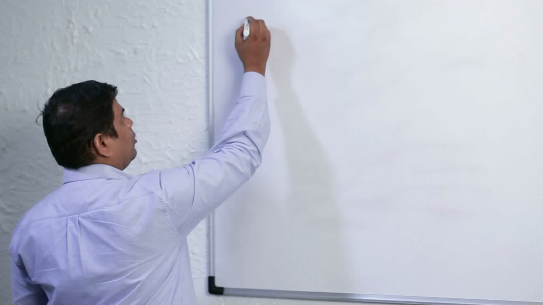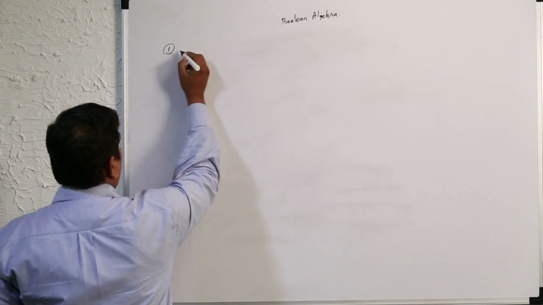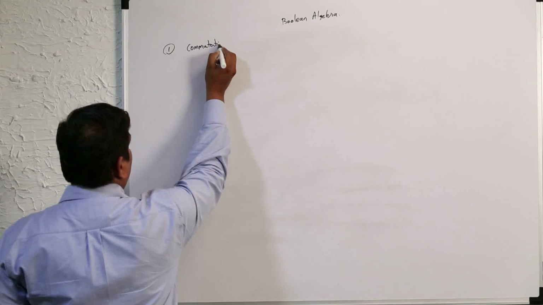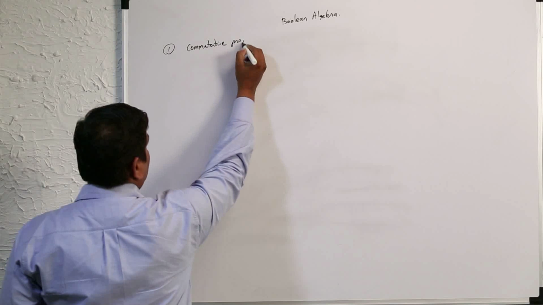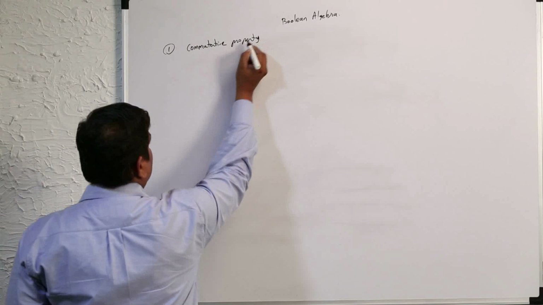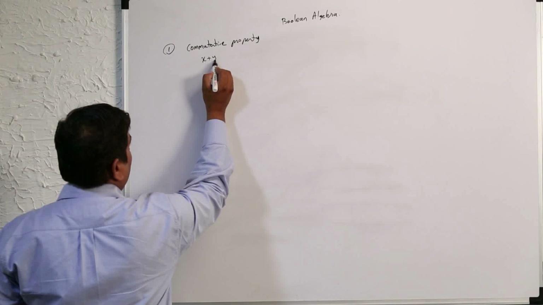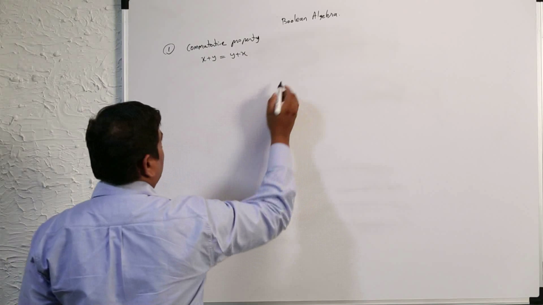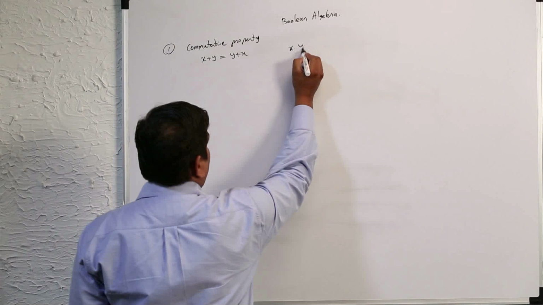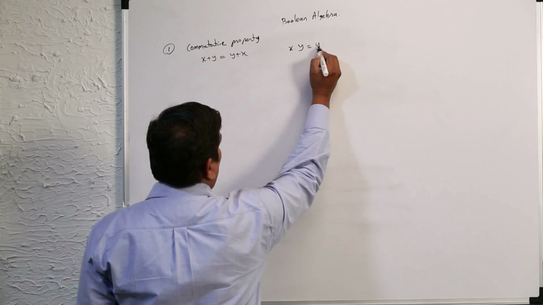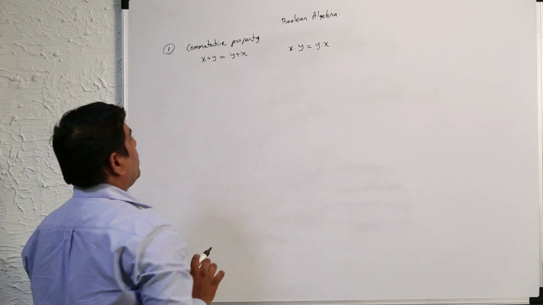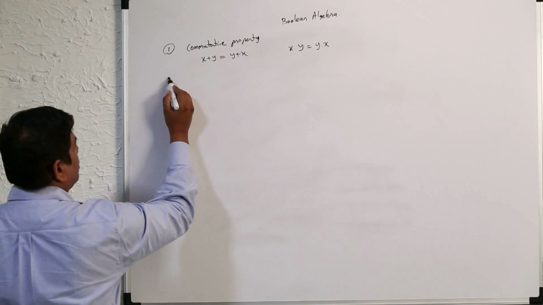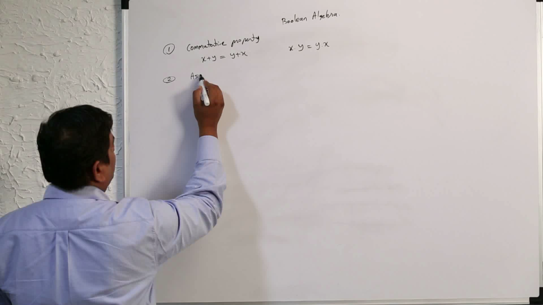The first property which we are going to learn is called commutative property. It says x plus y is the same thing as y plus x, and x dot y is the same thing as y dot x. Let us see the next property called associative property.